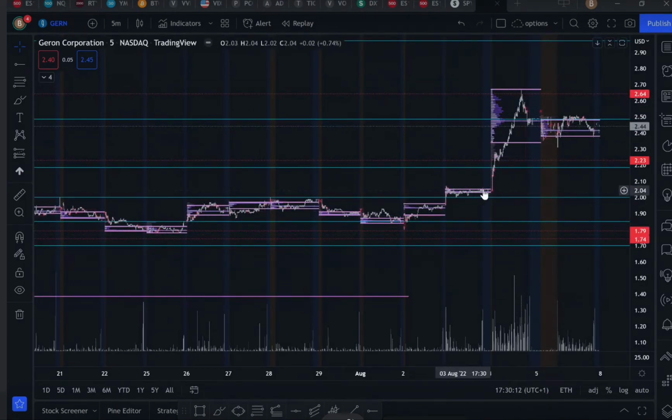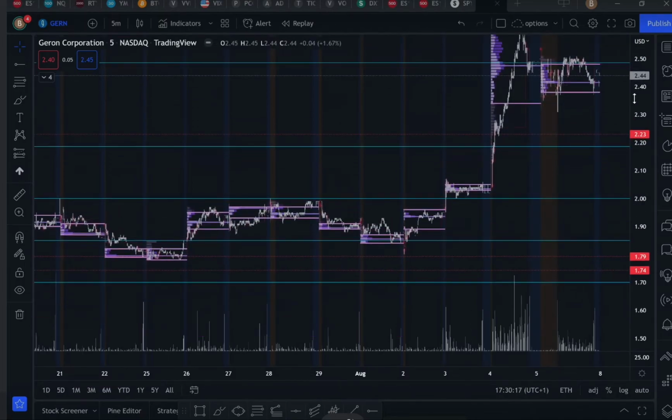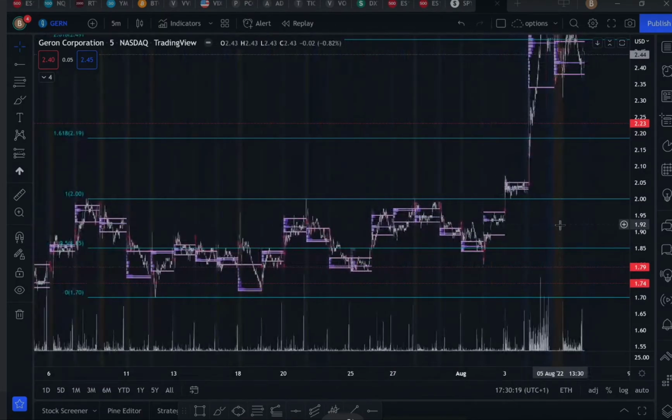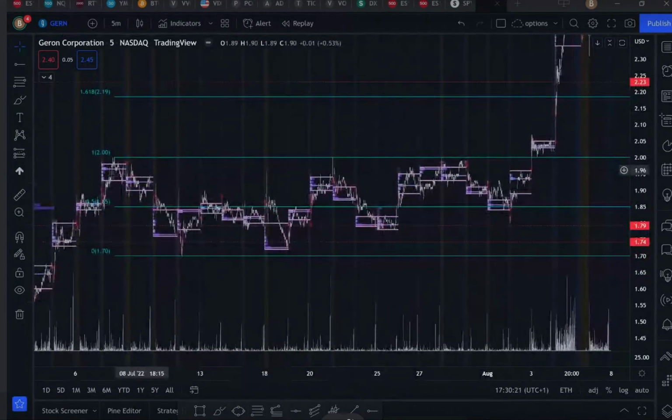So you could have even bought in here, added in here, but I had pretty decent size already. But this is how I organize when I'm going to get into these flags. So it's all about having a confirmation of a trend change, which is one or higher low here, which is when we start looking to actually get into a trade.